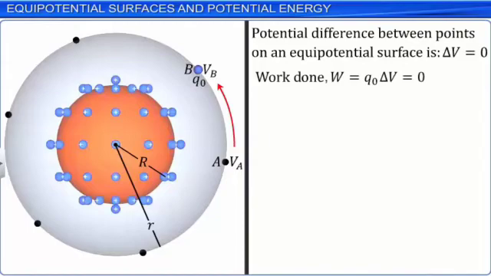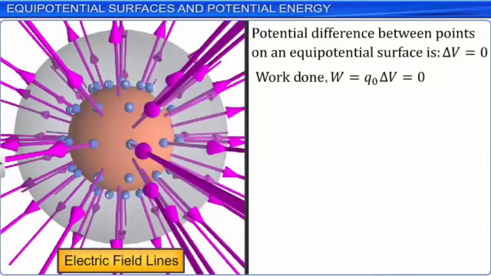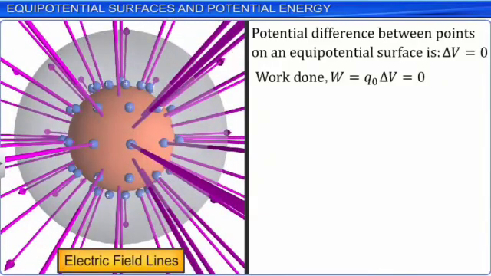The equipotential surface at a point is always normal to the electric field at that point in the electric field for any charge distribution. Let us now look at some examples of equipotential surfaces. Assume a uniform electric field along the positive x-axis.